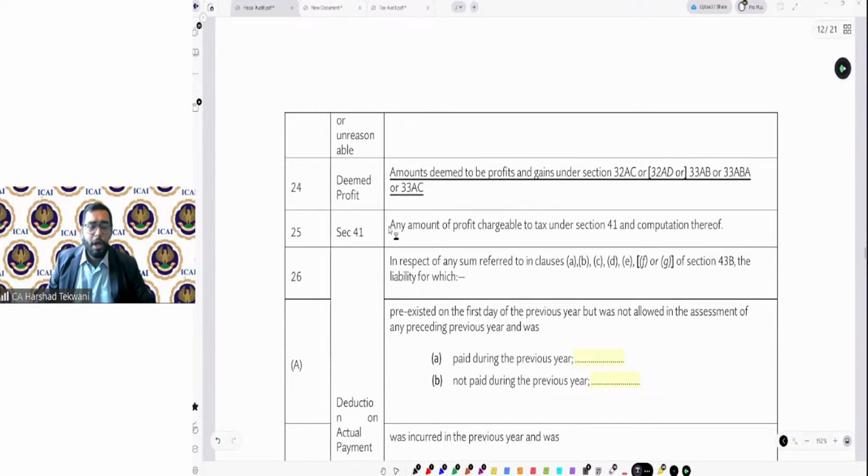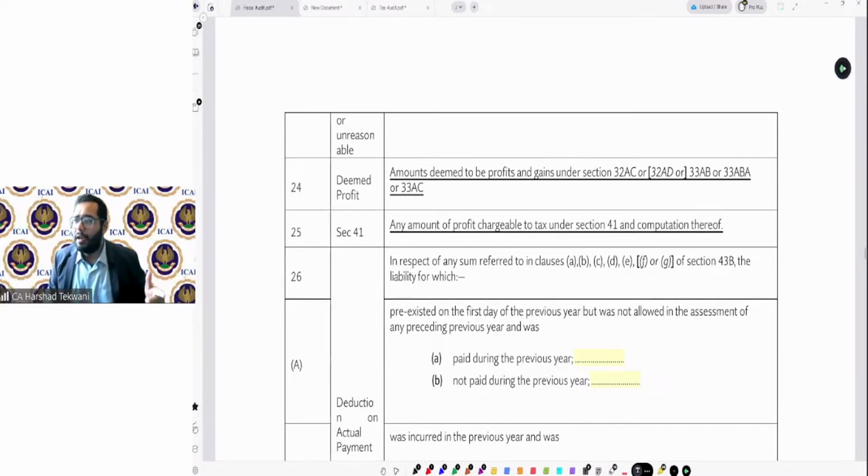Then clause 25 talks about any amount of profit chargeable to tax under section 41 and computation thereof. Section 41 provides that where any allowance or deduction has been made in any assessment year in respect of loss, expenditure, or trading liability incurred by the assessee, and subsequently, during the previous year, the assessee obtains that amount, or any benefit in respect of such loss, liability, or provision that was booked, then the value of the benefit becomes taxable as business income under section 41, and that amount is required to be reported over here.